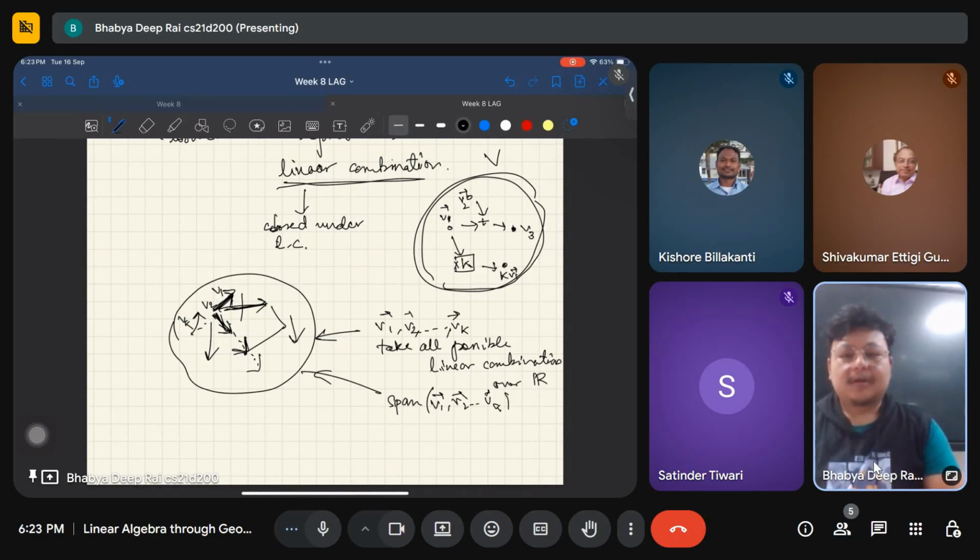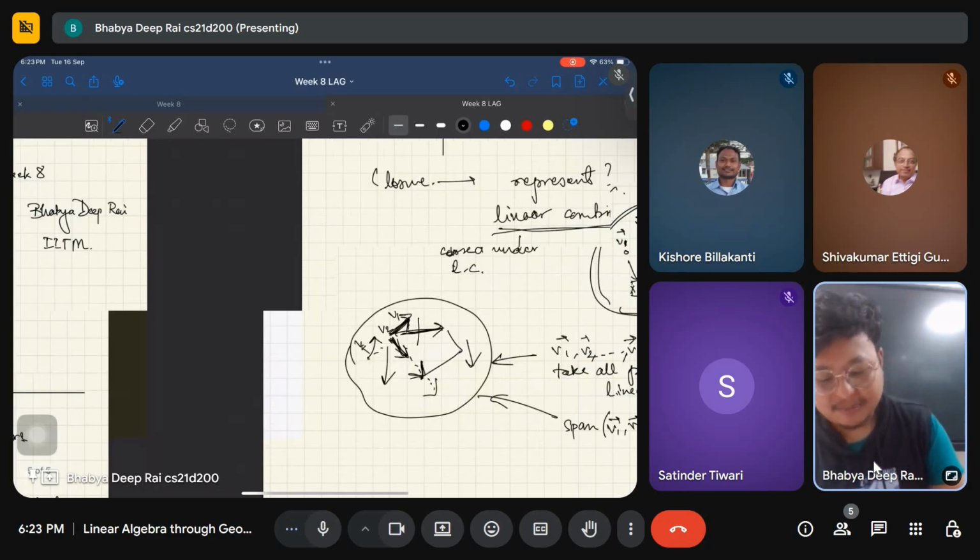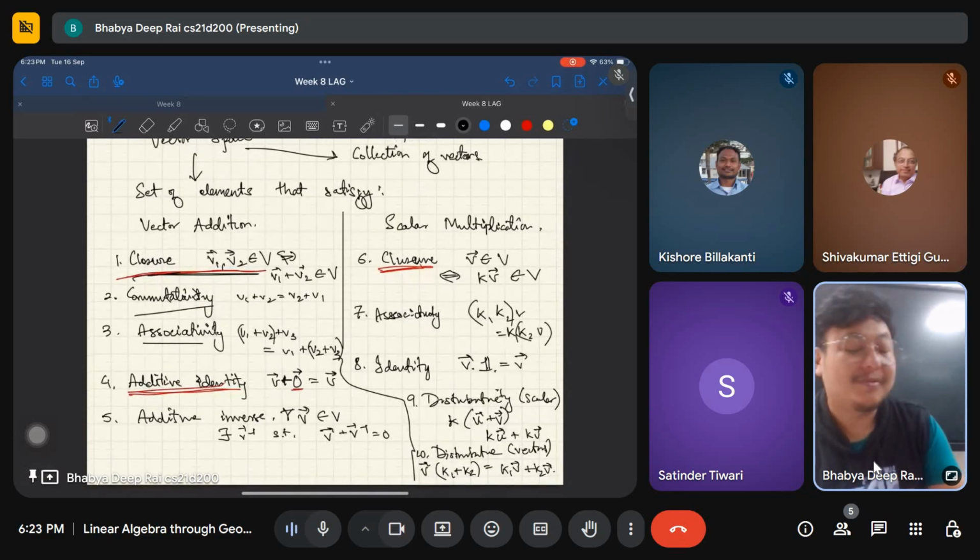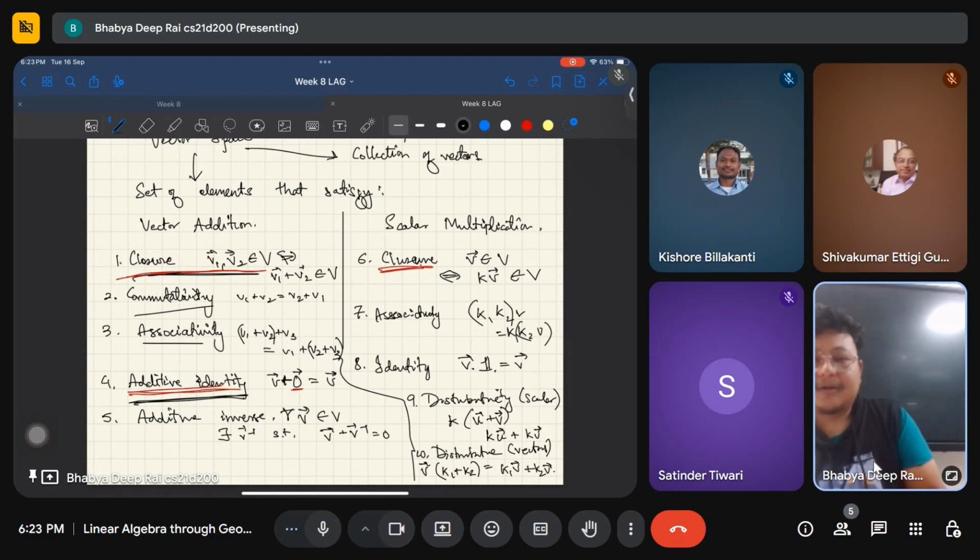But why is this almost a vector space? Which property may it violate here? A zero vector should always be in the set in order to qualify as a vector space.